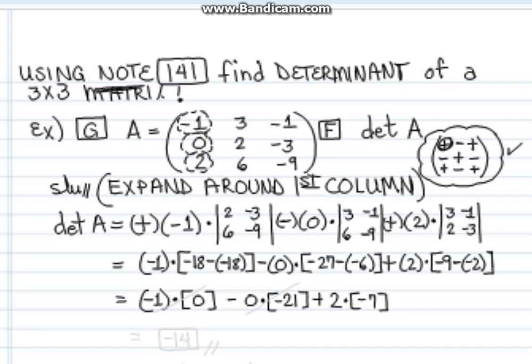Okay, now, wherever we multiply by a 0, that's just going to be 0. Over here we're multiplying by 0, that's just 0. So the answer is 2 times negative 7, it's negative 14. That is the determinant of our 3 by 3 matrix.